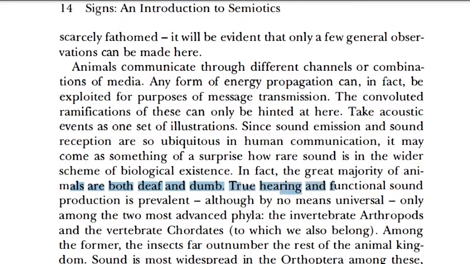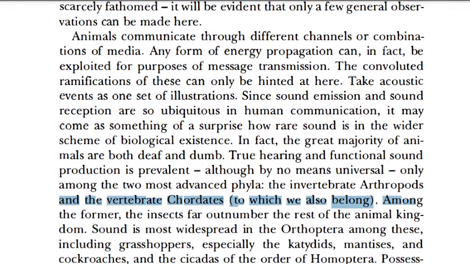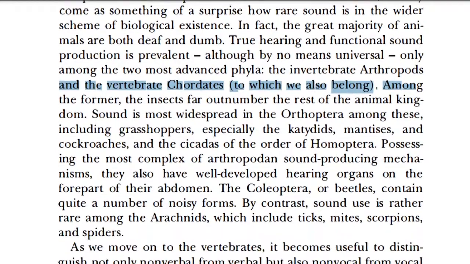True hearing and functional sound production is prevalent, although by no means universal, only amongst the two most advanced phyla, the invertebrate arthropods and the vertebrate chordates, to which we also belong. Among the former, the insects far outnumber the rest of the animal kingdom.